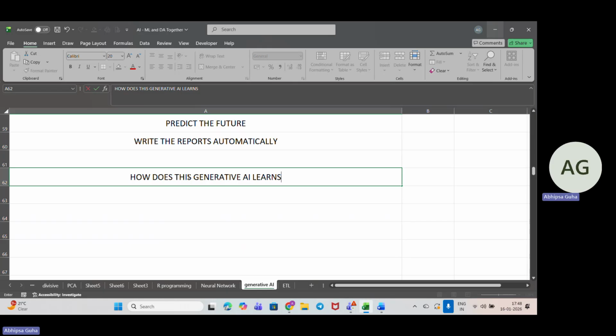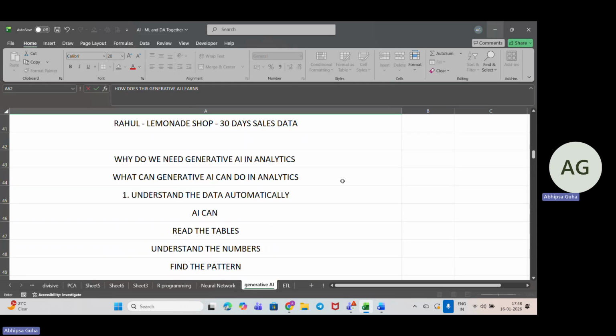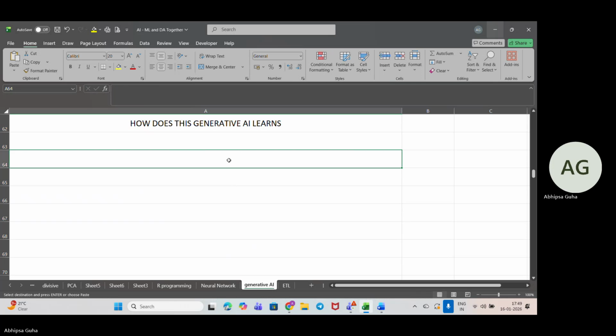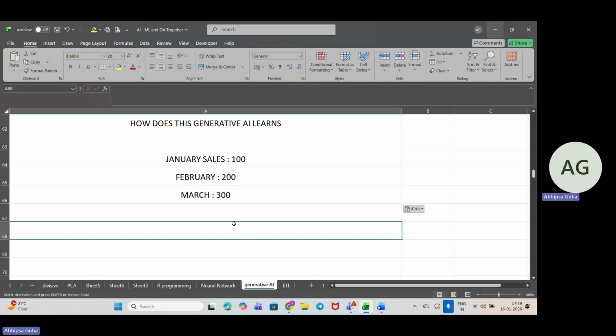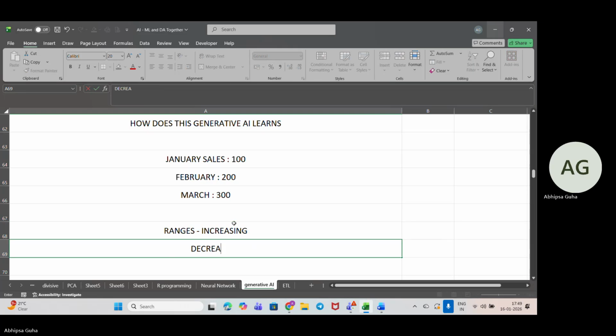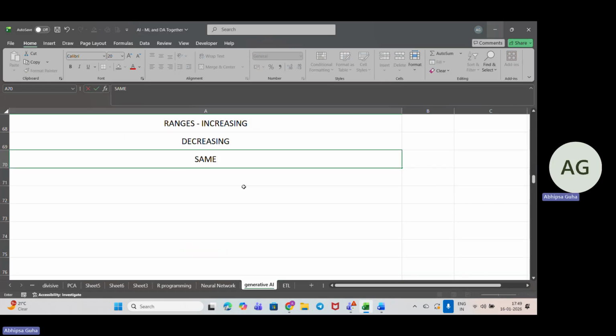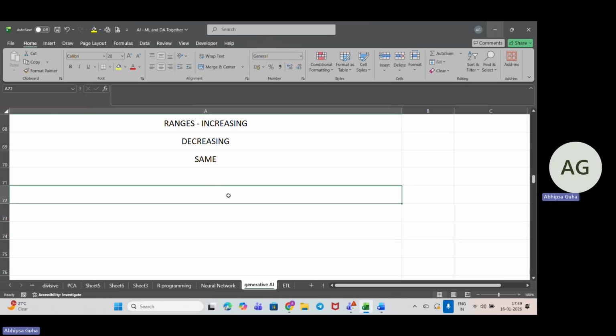If I take this same data, copy it and paste it here, AI looks at whether the range is increasing, decreasing, or remaining the same. This is the kind of logic it uses.